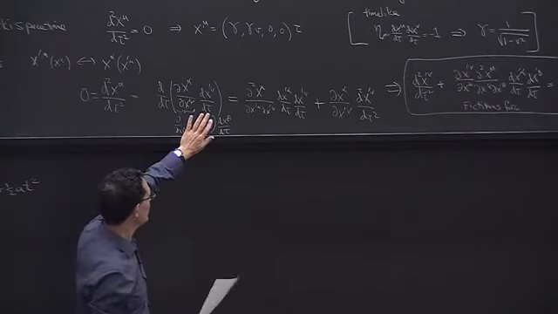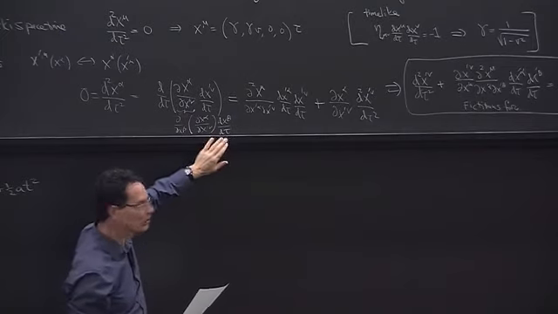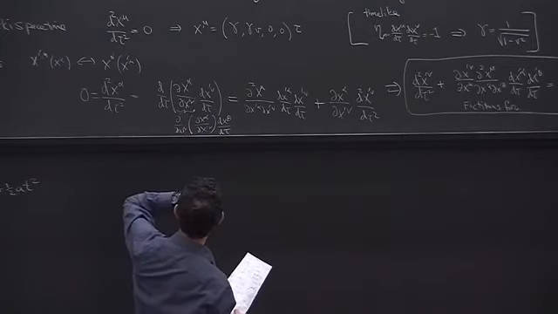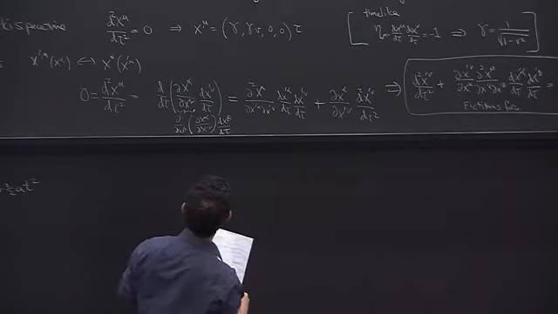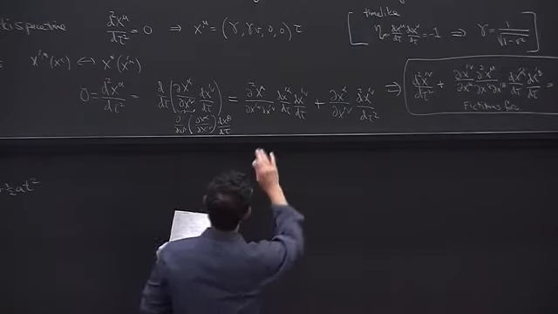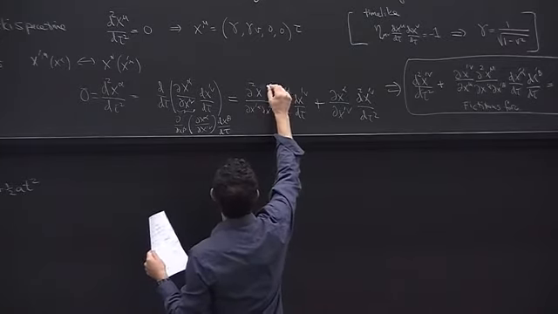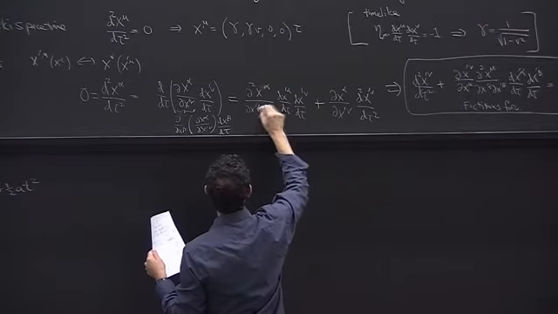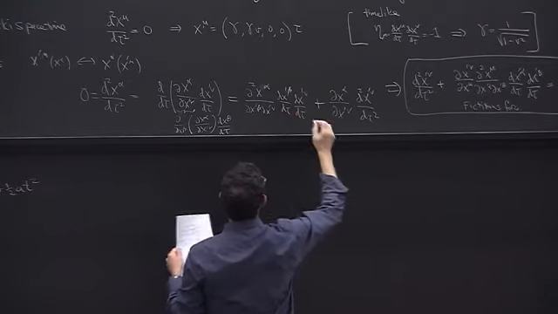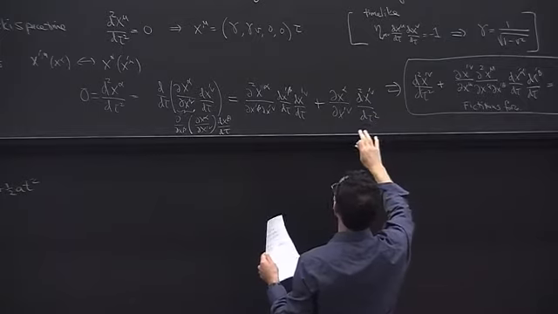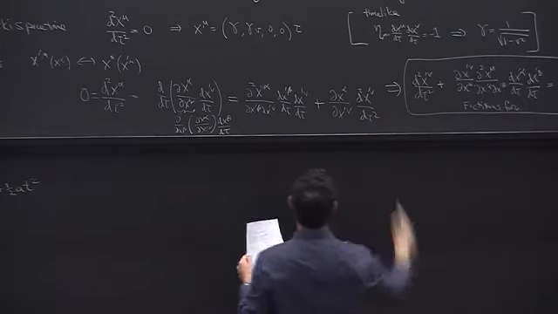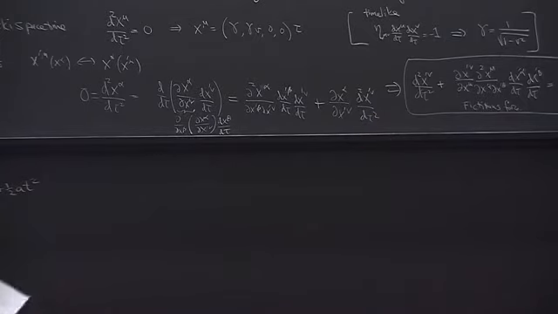So maybe I've relabeled some indices. Yeah, that should have been an alpha. Thank you. And now is it at least right? Yes, now it's fine. Good, thanks.